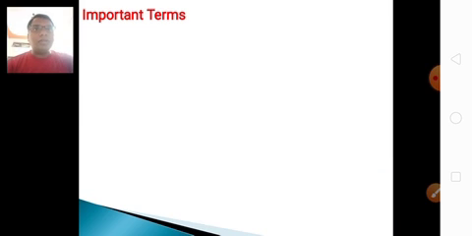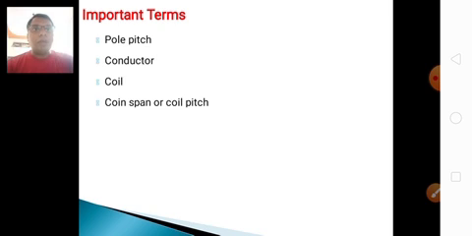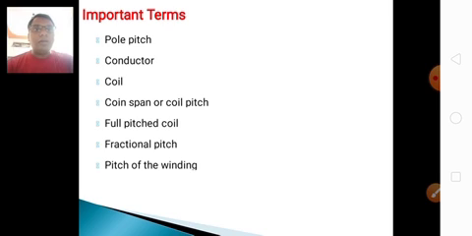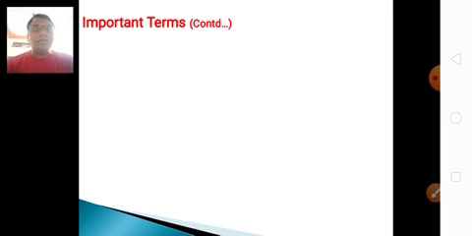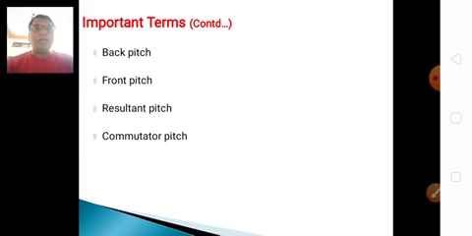See what the terms are: pole pitch, conductor, coil, coil span or coil pitch, full pitched coil, fractional pitch coil, pitch of the winding. And back pitch, front pitch, resultant pitch, commutator pitch. So these are the different definitions.